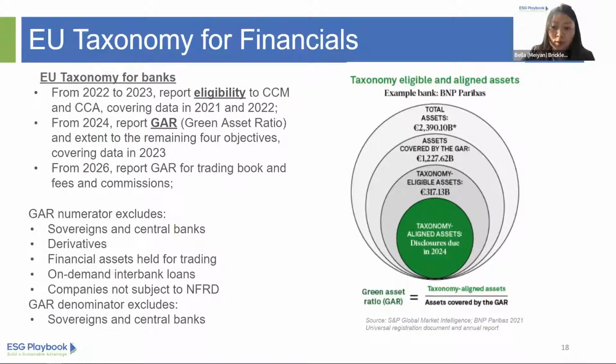Those are loans, equities, and other assets funding taxonomy aligned economic activities, excluding the exposure to sovereigns and central banks, derivatives, and companies not subject to NFRD and trading books. So the denominator is GAR assets. Those are assets in scope, but exclude the exposure to sovereign and central banks.